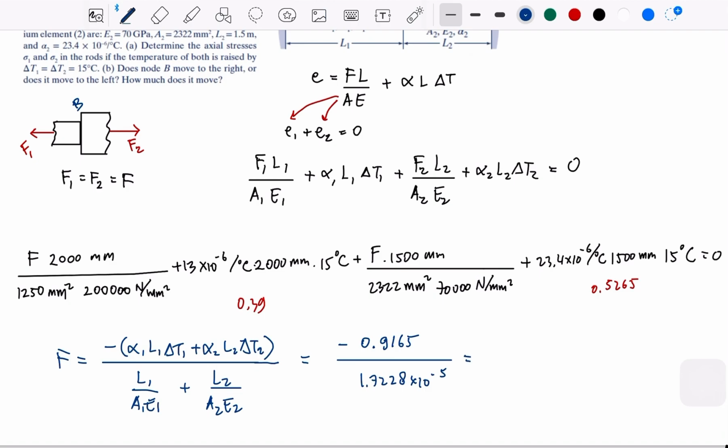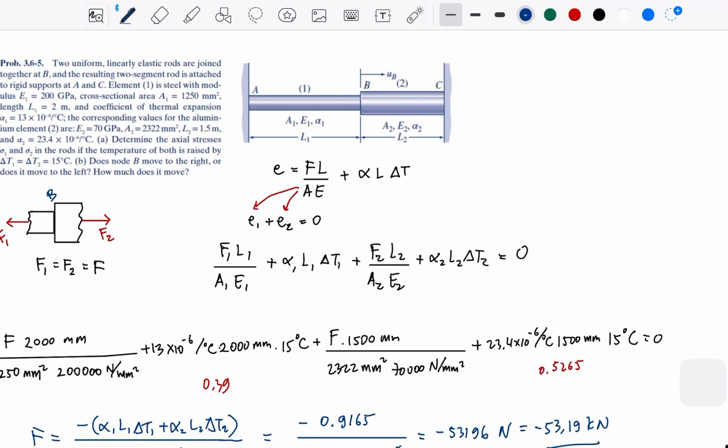Okay, this will be negative 53196 Newton or kilonewton. Okay, so this is F, and from that we get sigma 1 and sigma 2, right? This is F over A1, this is F over A2.